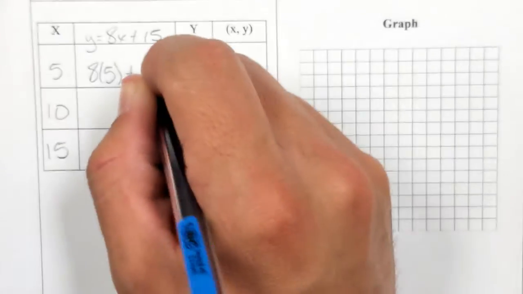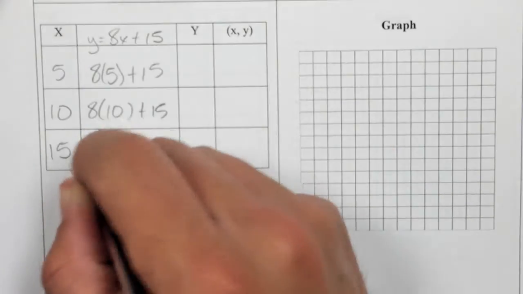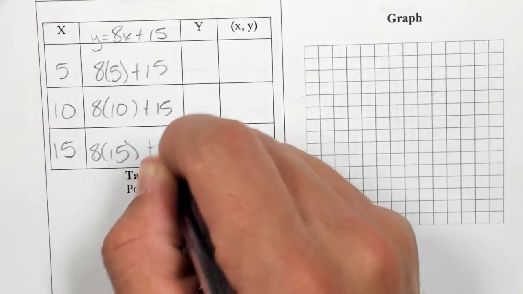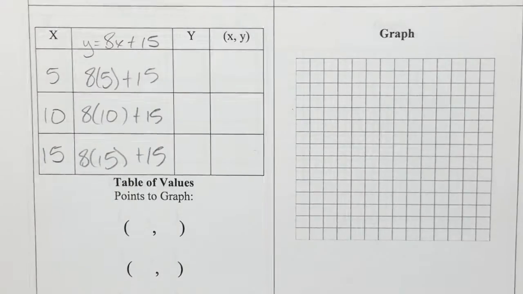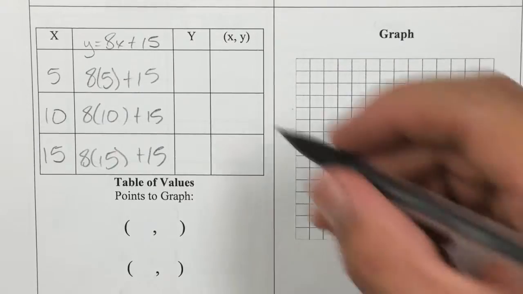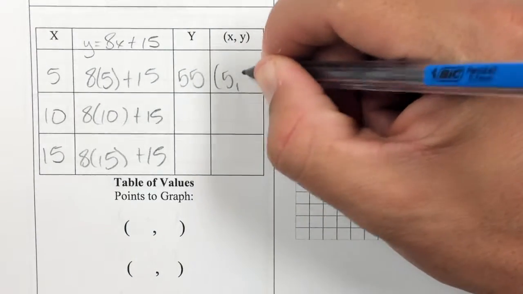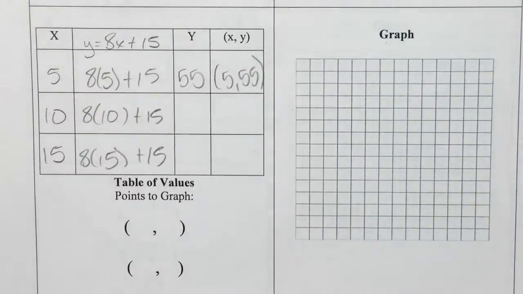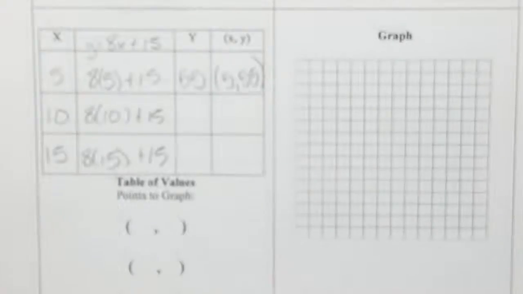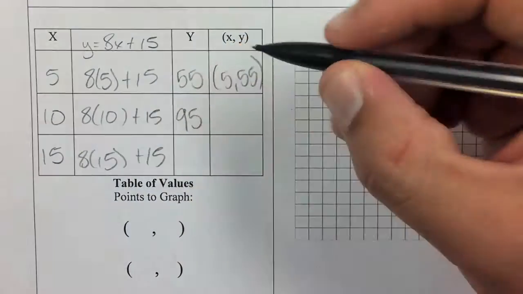8 times 5 plus 15. 8 times 10 plus 15. 8 times 15 plus 15. Okay? We're just filling out our table. Some of you are way ahead of me already. That's fine. 8 times 5 is 40 plus 15, 55. 8 times 10 is 80 plus 15 is 95.